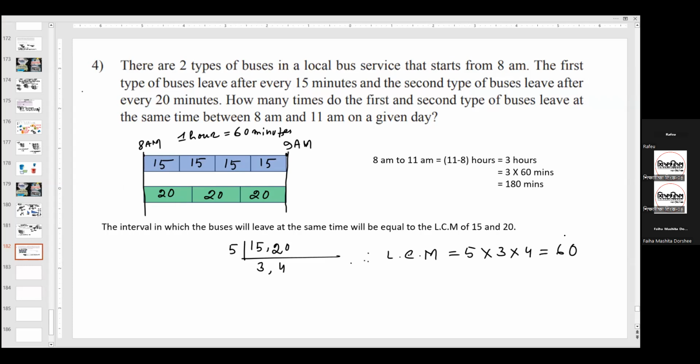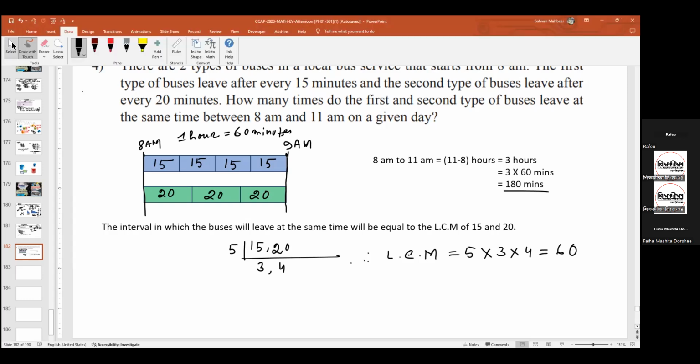So in every 60 minutes, they will leave the place at the same time. So in 3 hours, they will leave the place 3 times, or 4 times. What will be the answer actually?